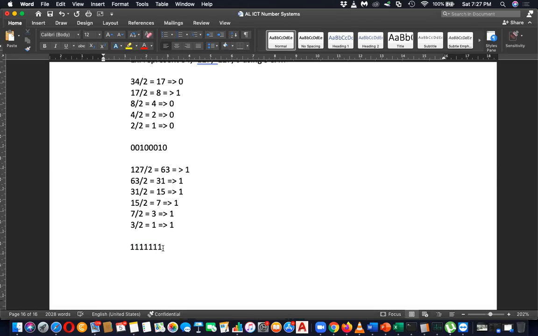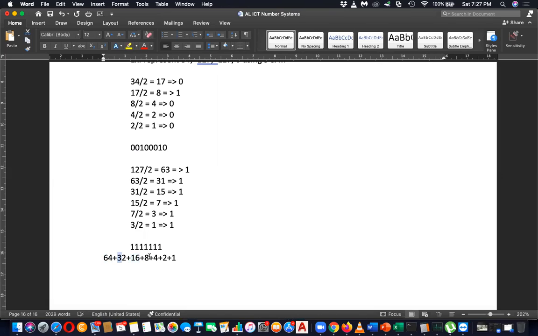After converting, you can just add and see whether you got right answer. You add the ones, then twos, then fours, then eights, then 16s, then 32s, then 64s. So likewise, you can add these numbers and see whether it generates 127.